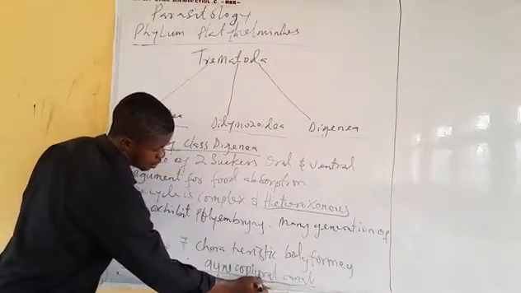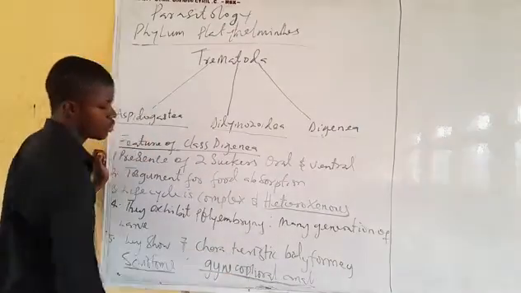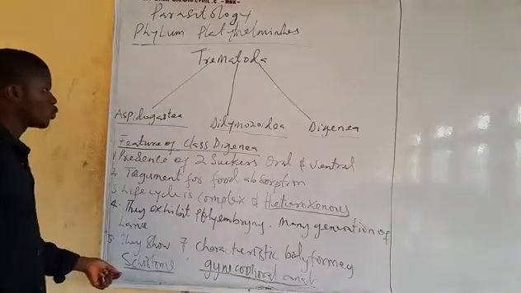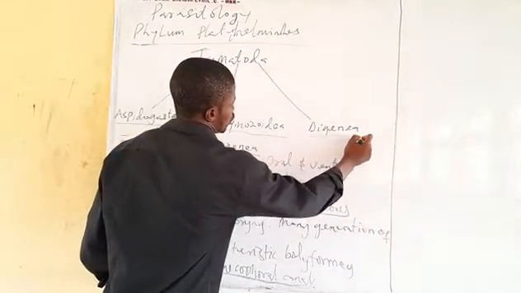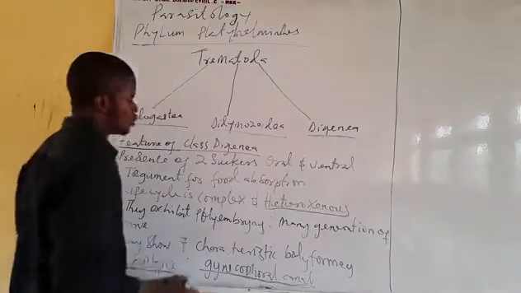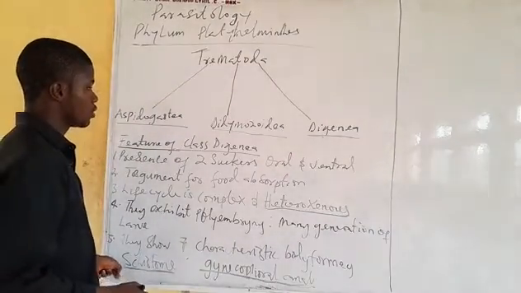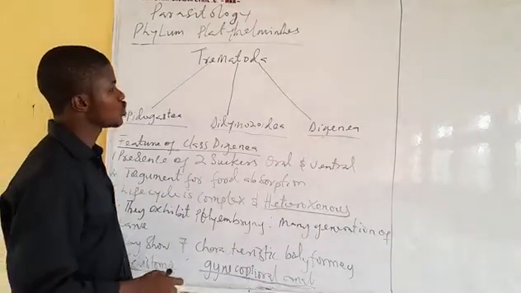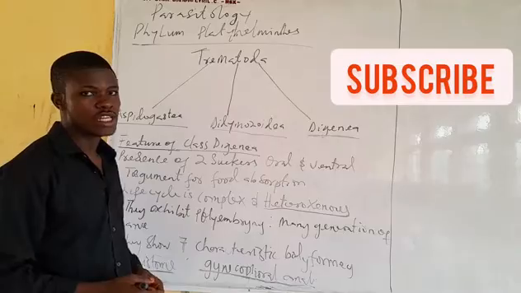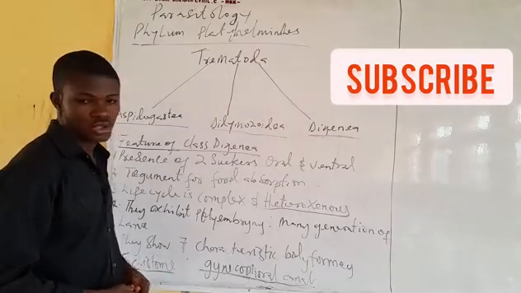You know it is Schistosoma species. So from here we would emphatically talk on the species of parasites under this class Trematoda, under subclass Digenea, known as Schistosoma. So sit tight as we begin to teach. Thank you so much.